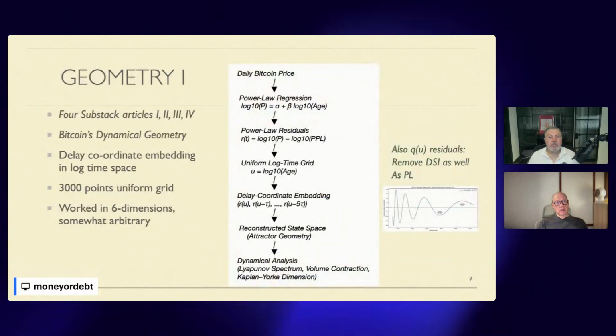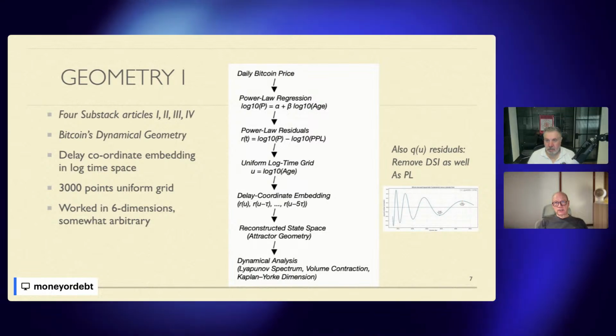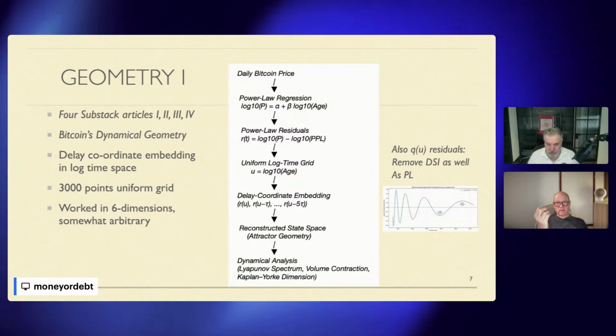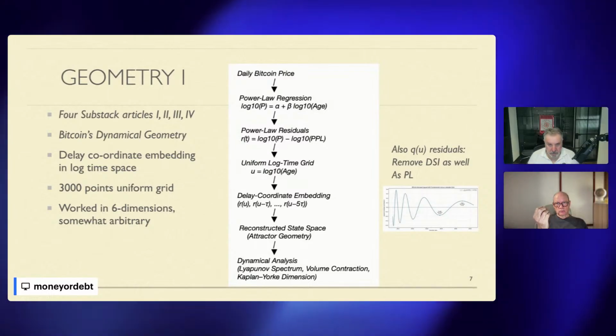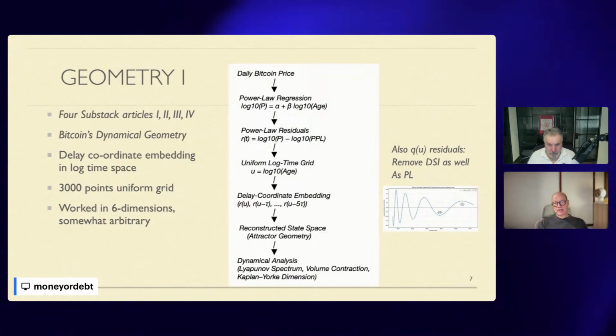Okay, so we have these 4 articles. The first one, Geometry 1. Here's the methodology. You take the daily price, you convert to log of age. So you're now in this sort of U space of time.